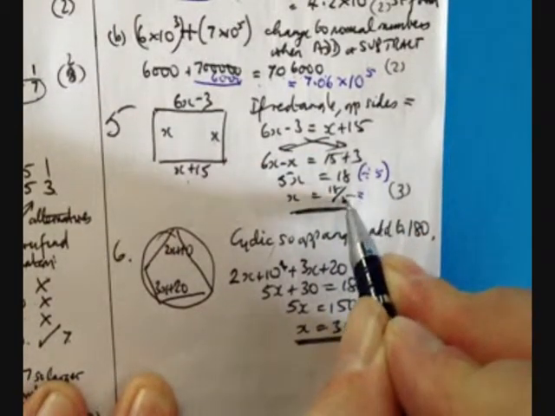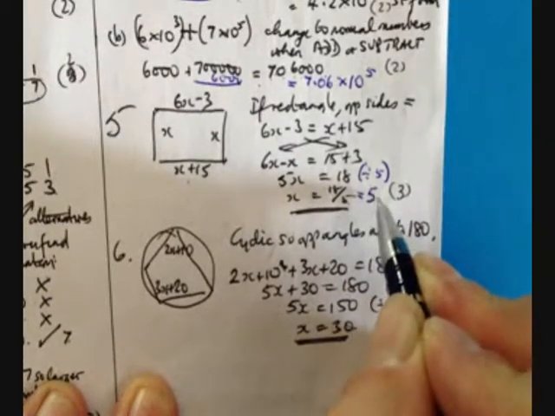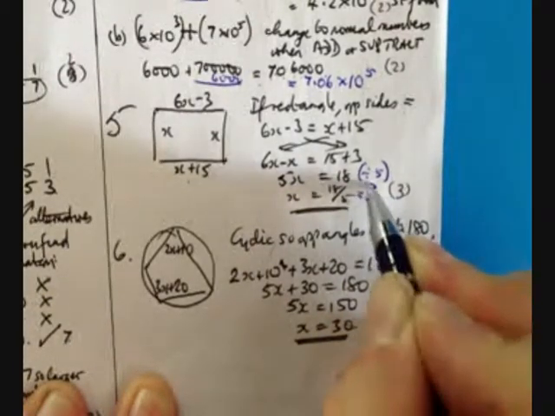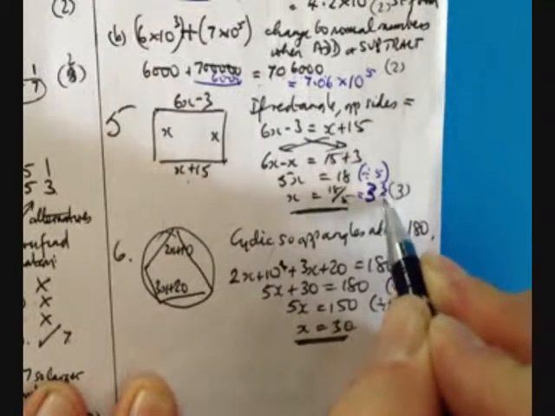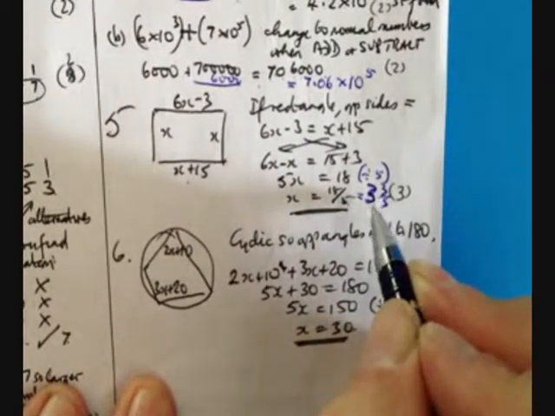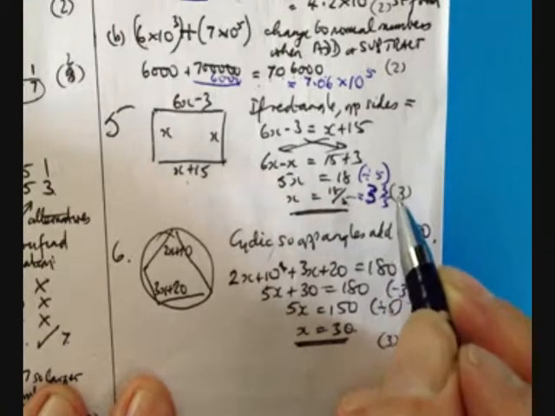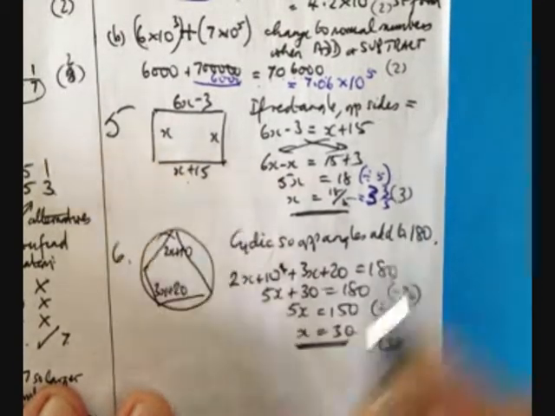What's that? How many 5s in 18? 3 and 3/5. 5s into 18 goes 3. 3 5s are 15, and 3 is 18.